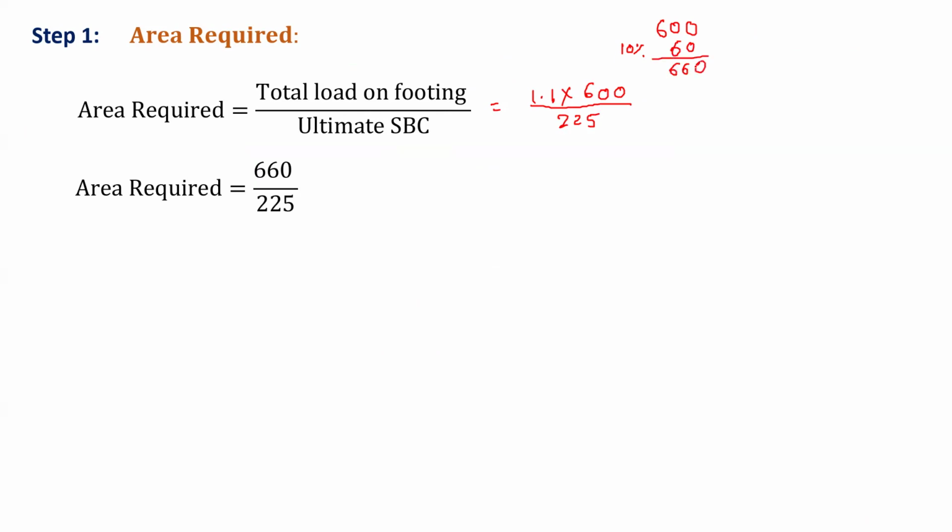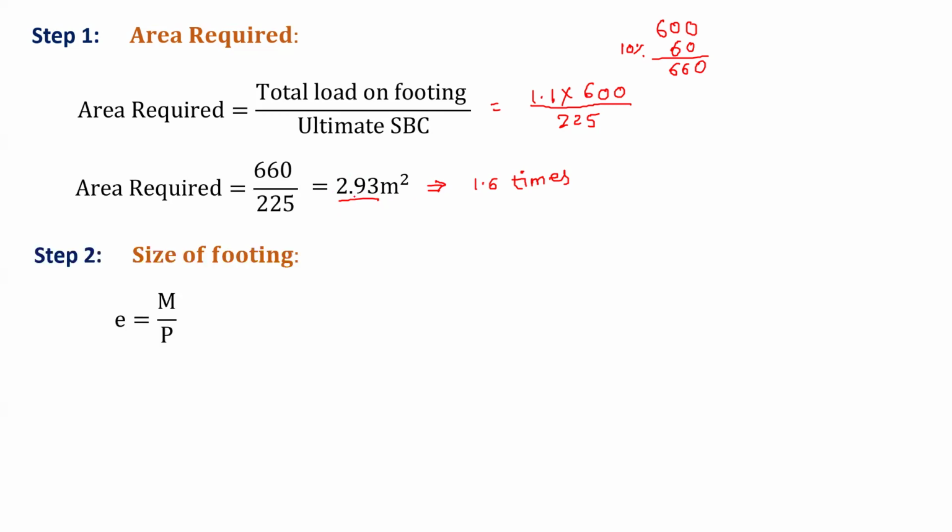Therefore 660 upon 225 is 2.93 meters square. Now we have to consider an area around 1.6 times the area required, because the moment also has to be accommodated, and therefore we will have to increase the area.